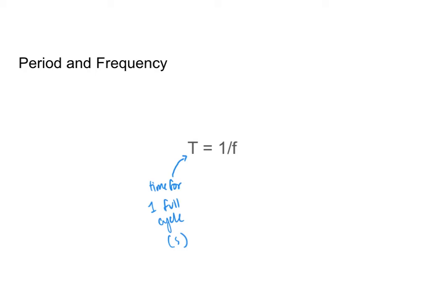Our frequency is how many cycles happen in a second. So you can see that that is exactly 1 over our period, right? Because our period is time over cycles, and our frequency is cycles over time. And we are going to be measuring our frequency in hertz, which is shortened as Hz.